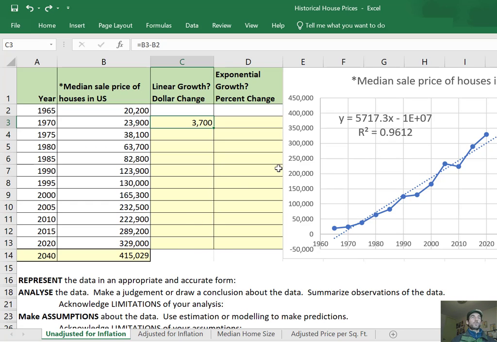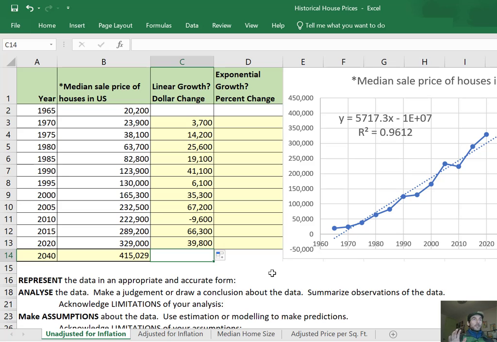I'm going to do that again. So find the little black cross in the bottom right, hold down left click, drag down and release, and it fills it all in for you, right? So you don't have to individually calculate everything, right?